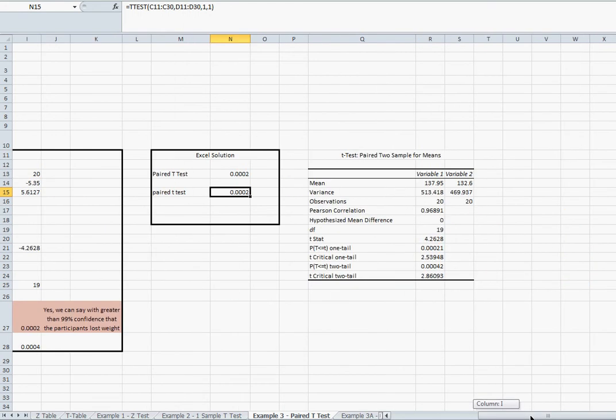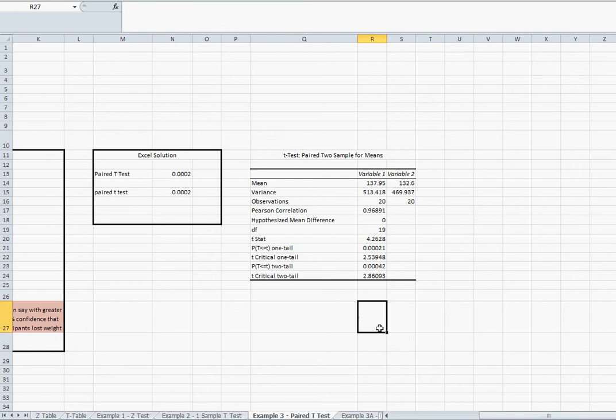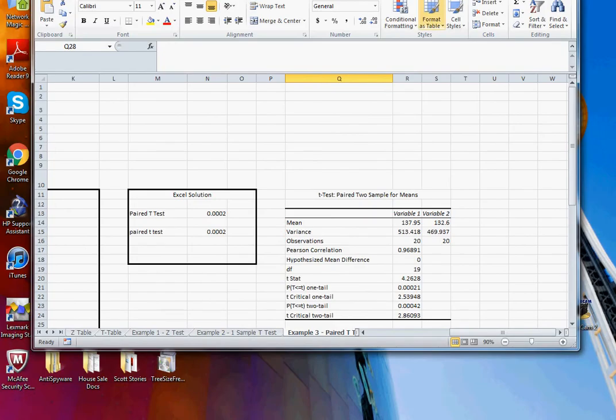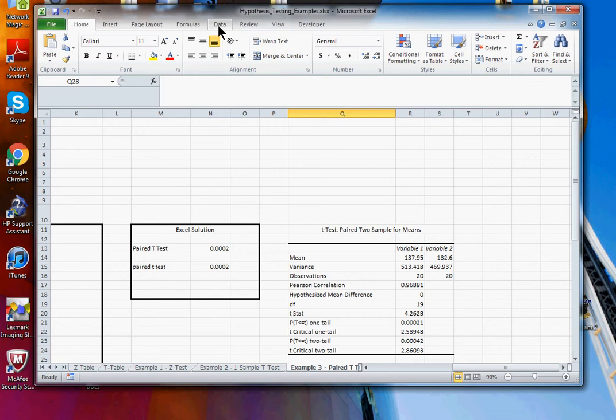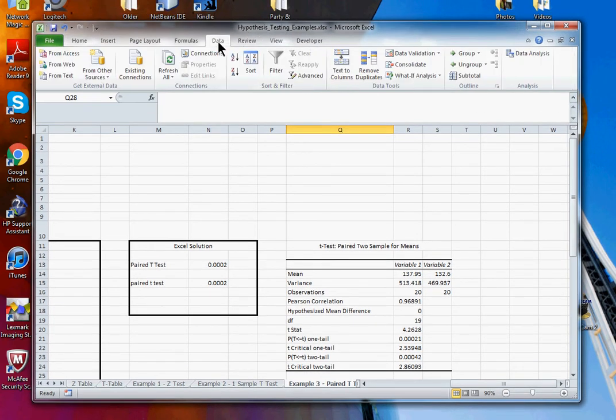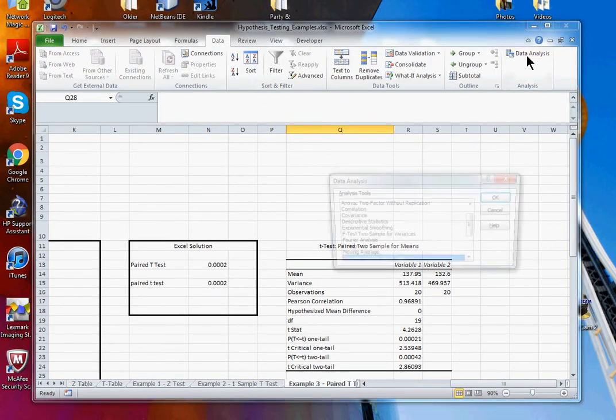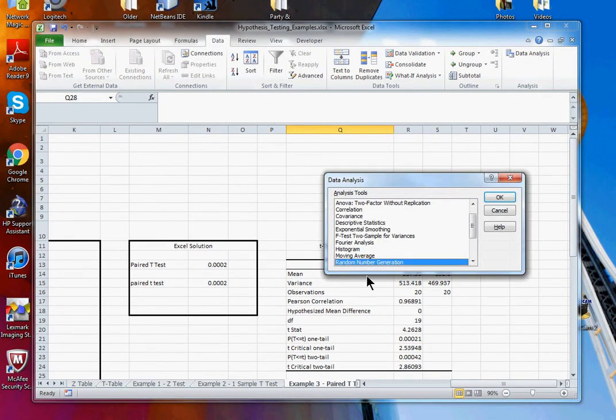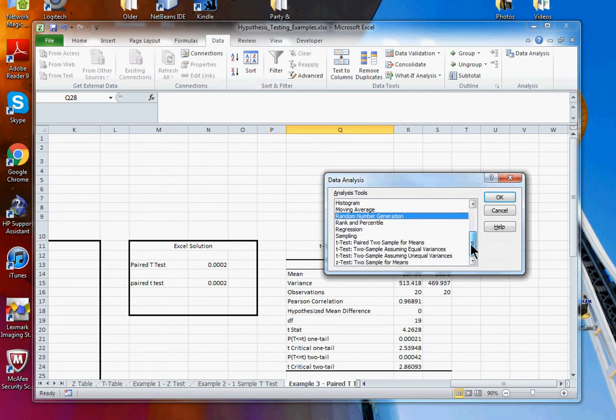And then the final way of doing it is to use the Excel GUI. And so that's in the data tab up here. So if I go to data analysis, I can pull this down and go to t-test: paired two sample for means.